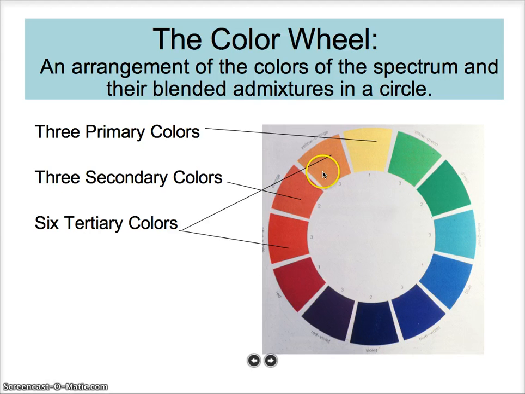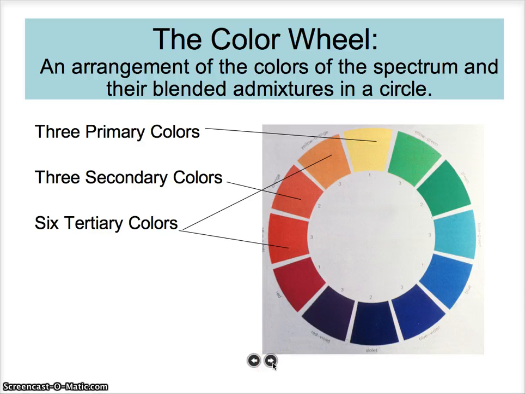So they are on a 12-part color wheel, which is a very good thing to teach students. There are 12 colors: 3 primaries, 3 secondaries, and 6 tertiaries. Now, of course, there are a million different types of colors.